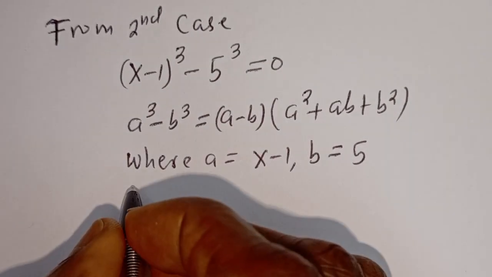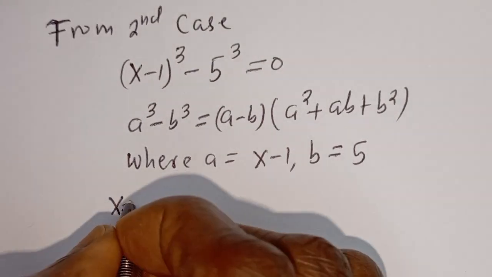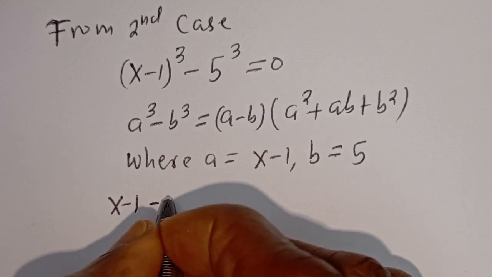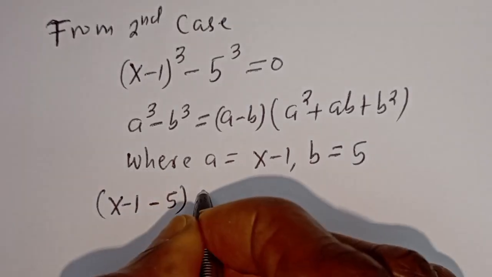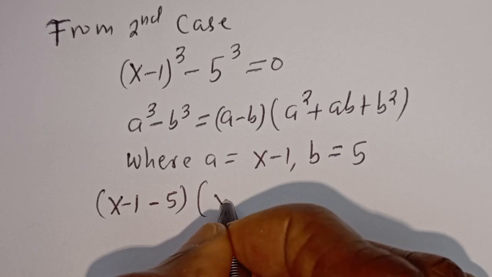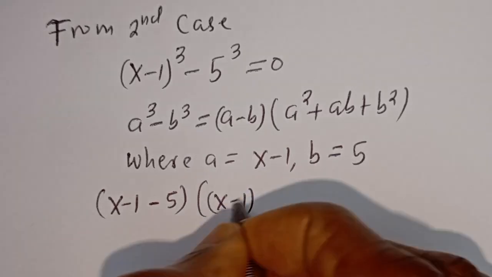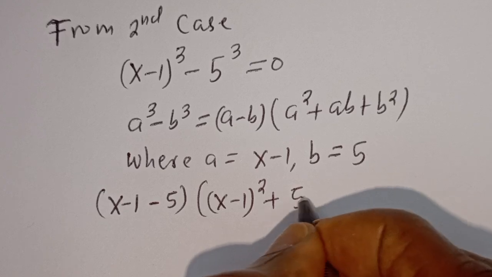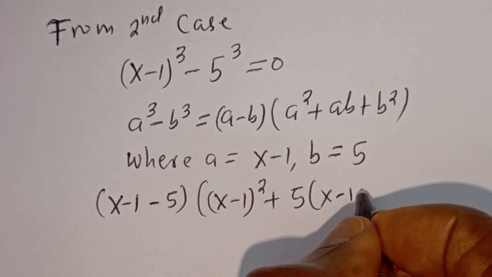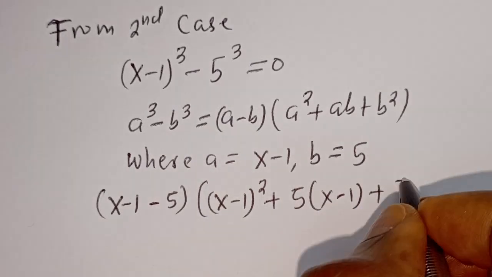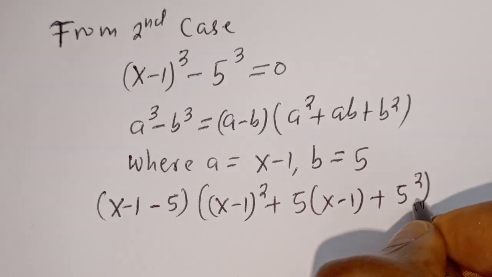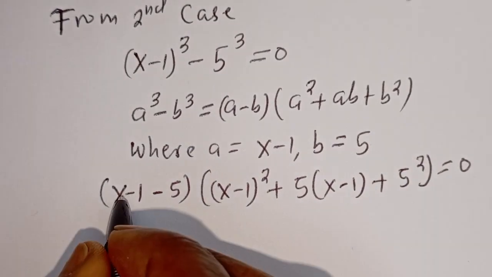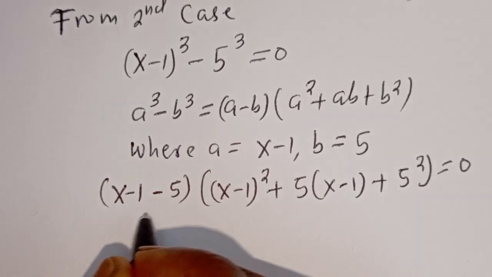Here we have x minus 1 minus 5, bracket x minus 1 square plus 5 bracket x minus 1 plus 5 square is equal to 0. And this is minus 1 minus 5, that is minus 6.